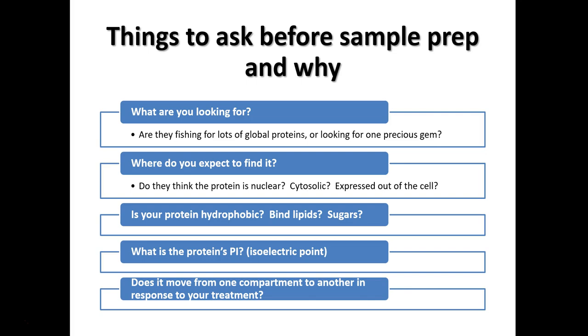Sometimes we have a very new system and we don't know a lot about it, and our goal is to find out the global protein expression, how proteins are changing overall in a particular system, maybe a normal versus a particular disease phenotype, or with and without a certain type of drug treatment, or in response to heat or in response to a particular stimulus that we provide the cell.